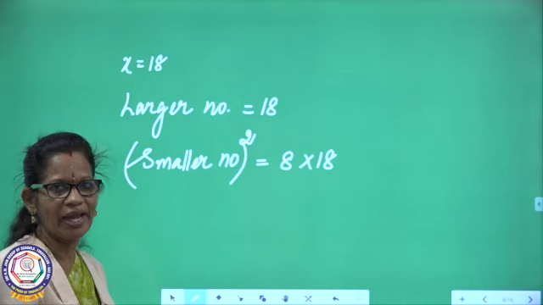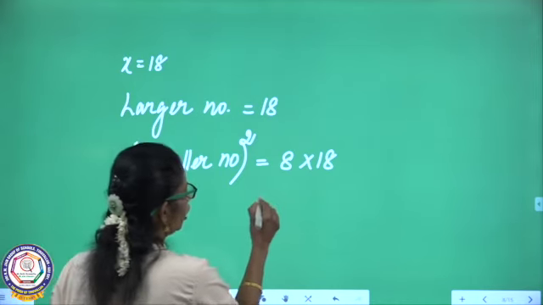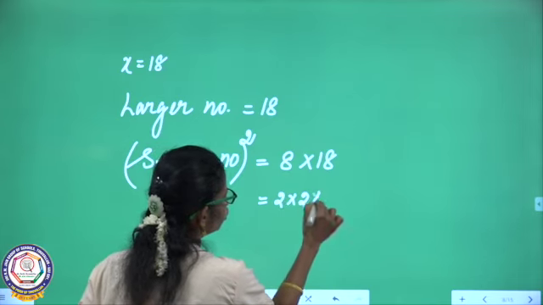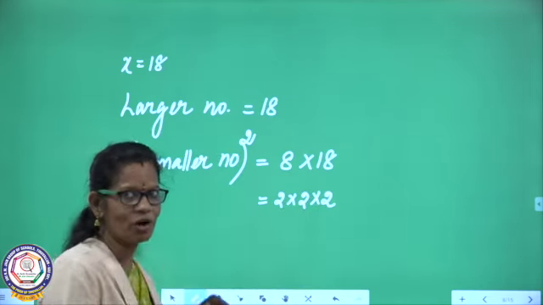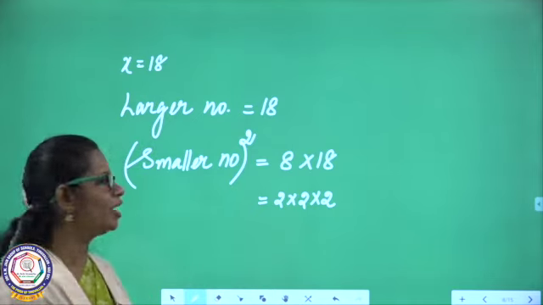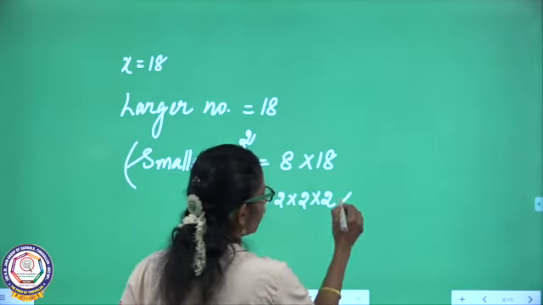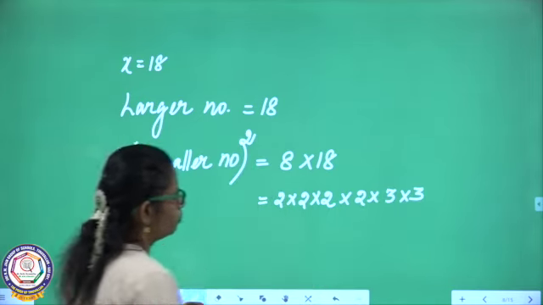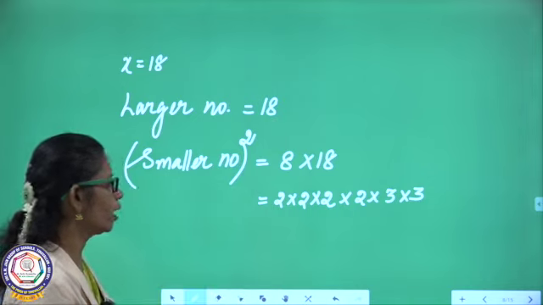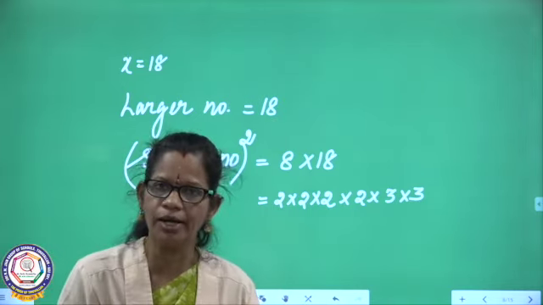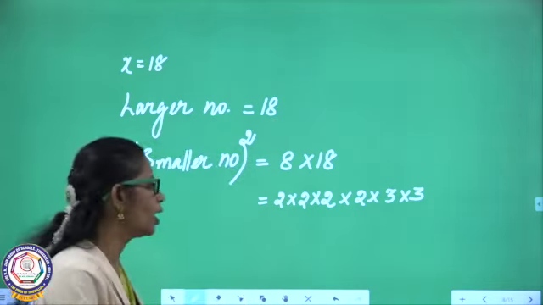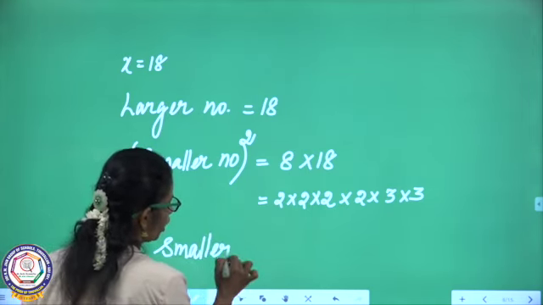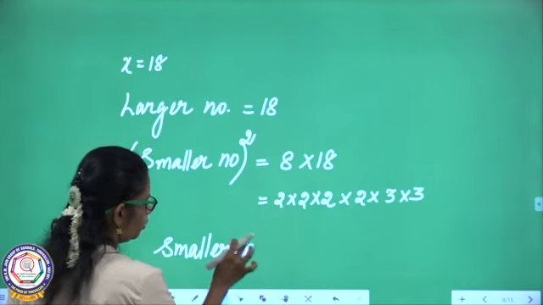8 into 18. You see how you can split 8 as 2 into 2 into 2. Why I am writing this format, you can understand at the end. 18, how to write? 2 into 3 into 3. See, smaller number square. Now I want only the smaller number, which means you are going to take a square root.